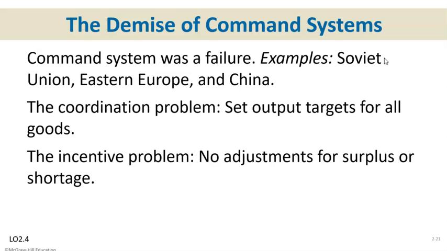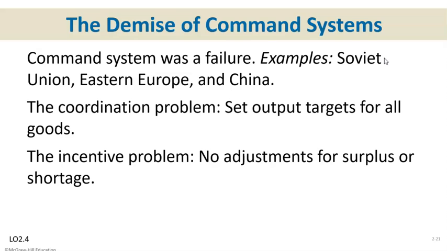The same thing happened there to their economies. And it was also happening in China. Now, China still has a communist political system, but they have moved to a market system for their economy. And when they moved from the command system to the market system, they saw amazing levels of economic growth.